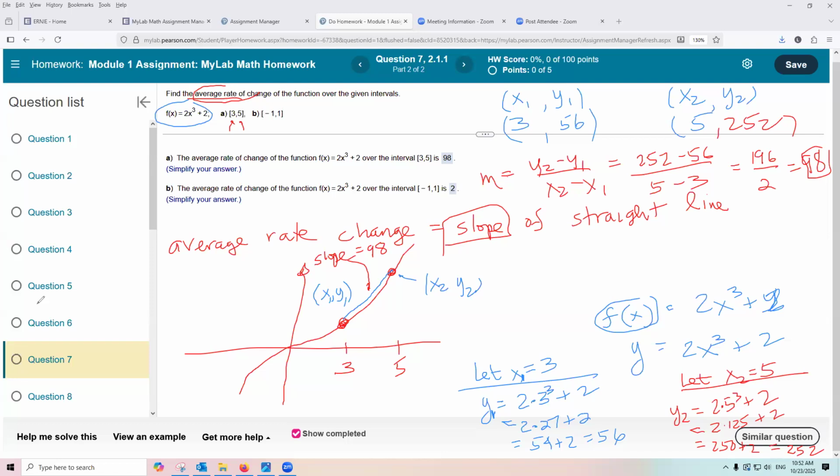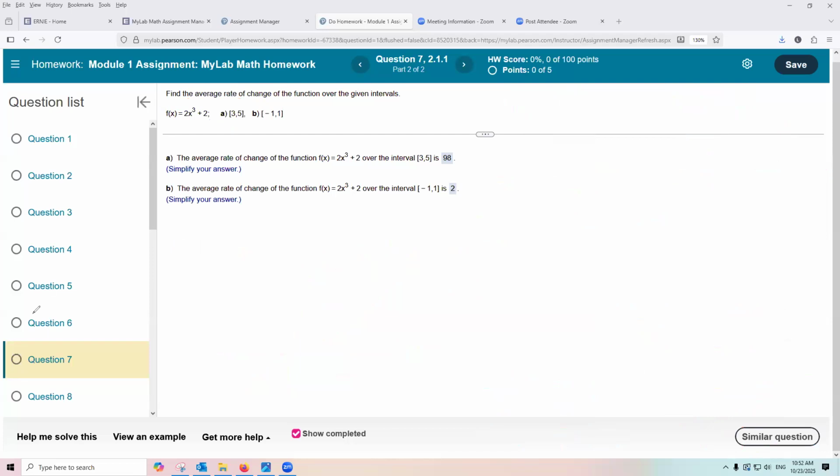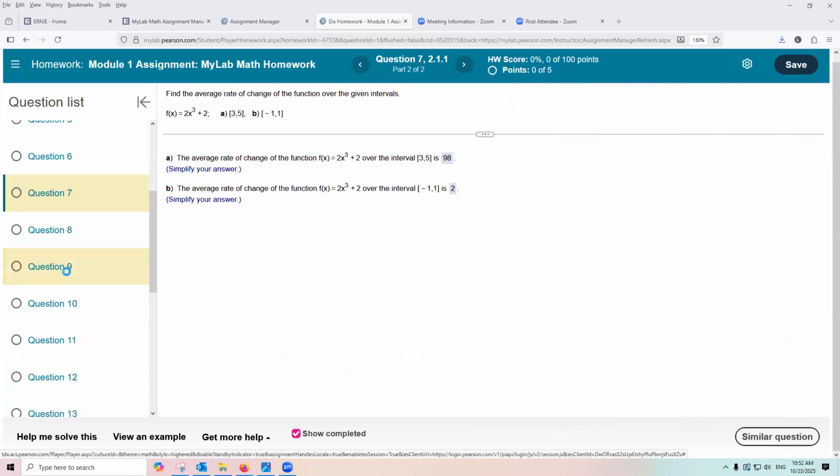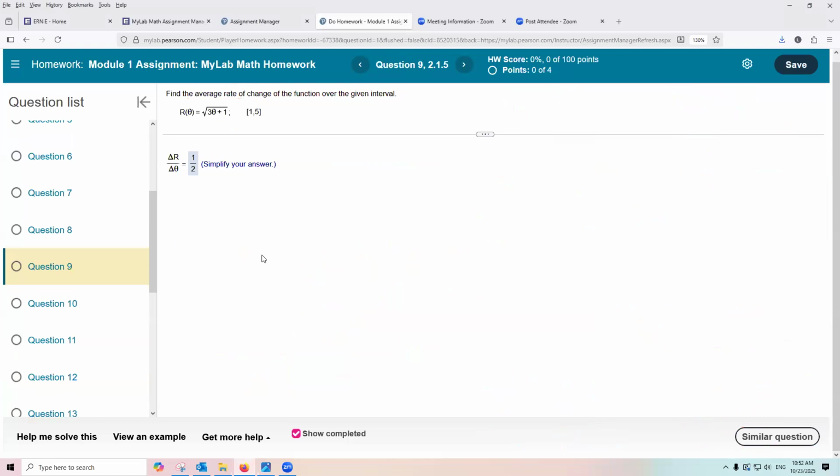All right, let's do a couple more here. Let's take a look at this one. So again, this one is an average rate of change. Now they're helping you out here because they're showing you the formula for slope. I can think of it as the slope is r sub 2 minus r sub 1 over theta sub 2 minus theta sub 1.